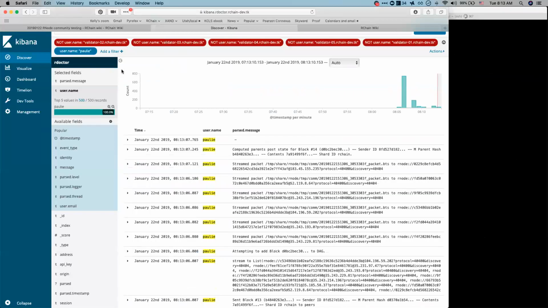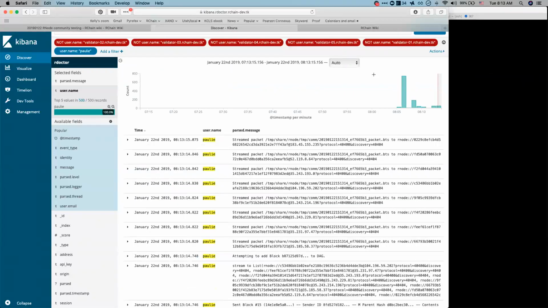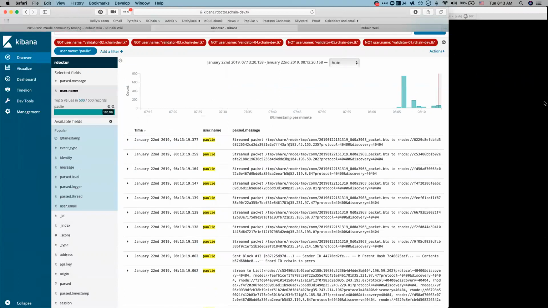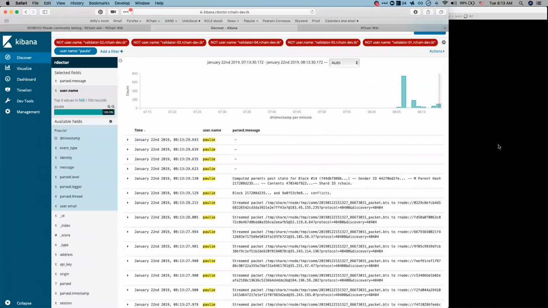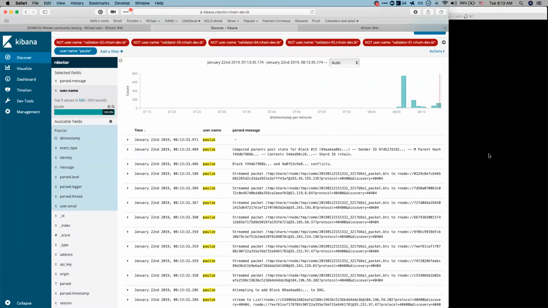I have 8 peers, and it also says 12 nodes. Okay, so 12 means the number of nodes that you've connected to via Kademlia, but the 8 peers is your true count. They've completed the handshake, and so that's who you would be receiving messages from and sending messages to.